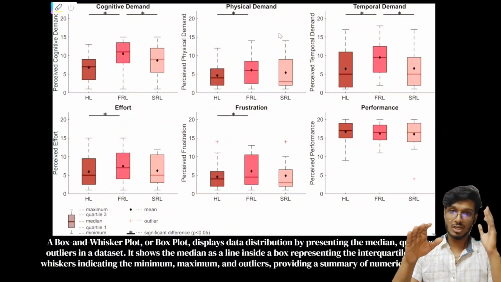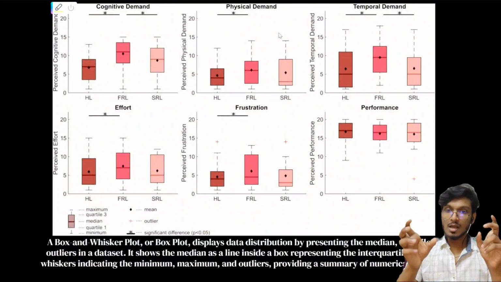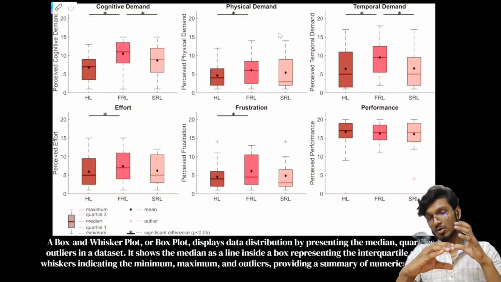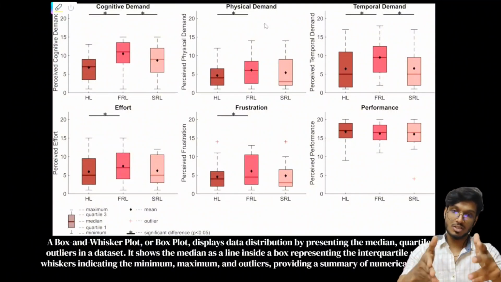Physical demand is how much energy, torque, and power is required to complete the task. Temporal demand is how much patience it takes to do the work. And effort is how much time or energy it takes to complete that particular task. Frustration is like a borderline.